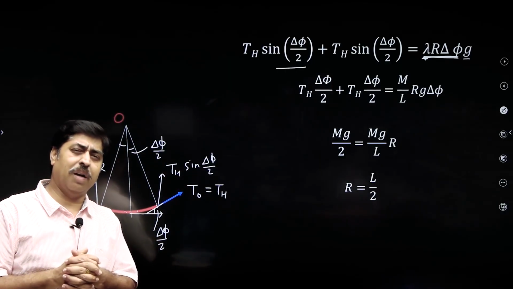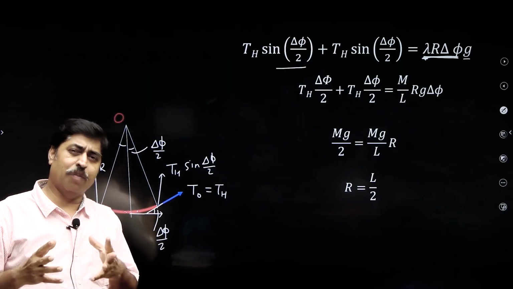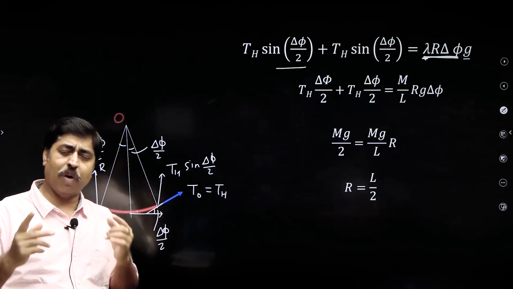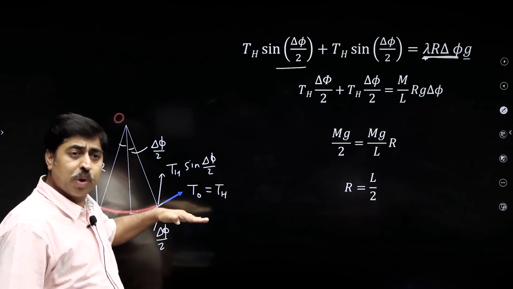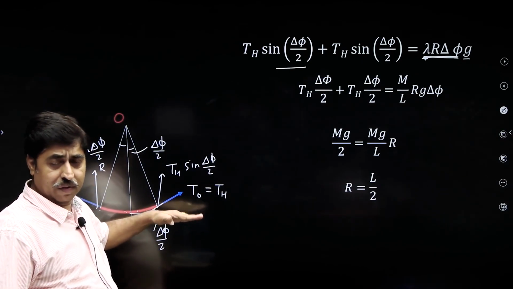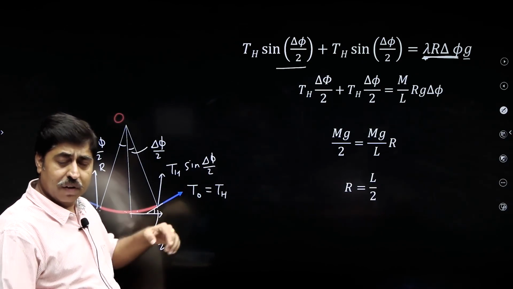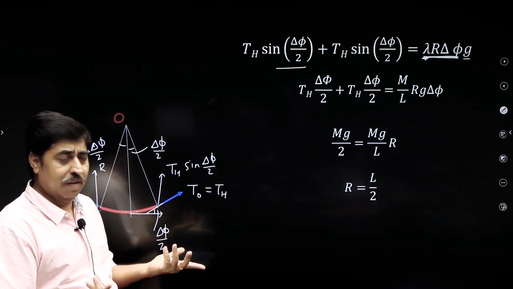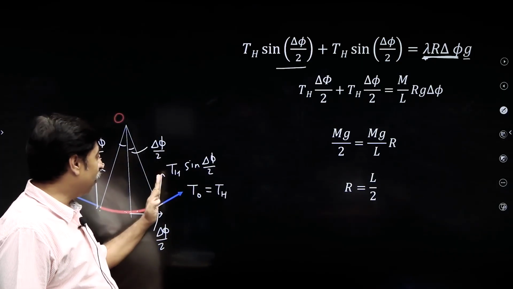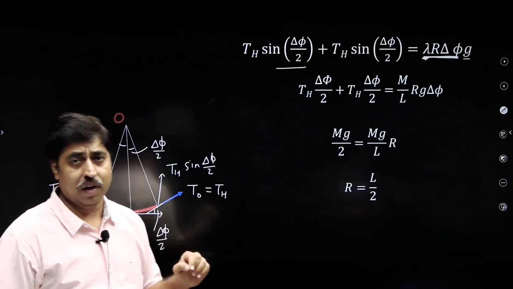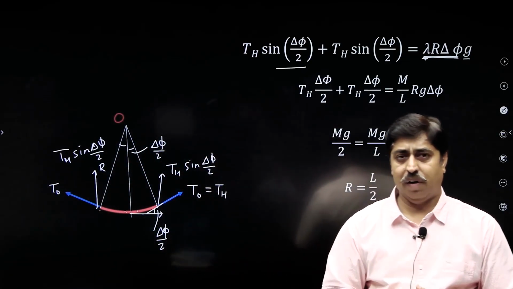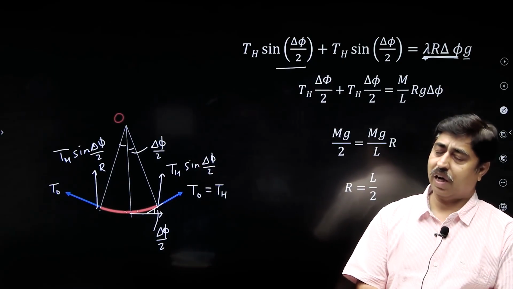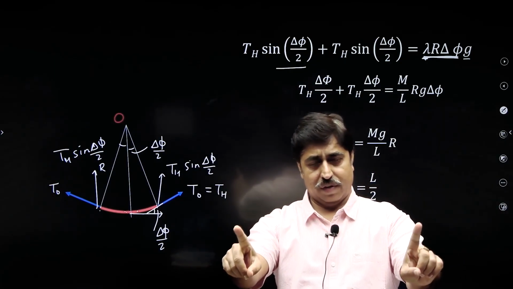For very small delta phi, cos delta phi by 2 is almost 1. So, tension here is almost horizontal, that is all. That value of tension is the same as the horizontal component, but at the same time it has a very small vertical component, and that vertical component is essentially balancing the weight of that element, and this helps us in calculating the radius of curvature.